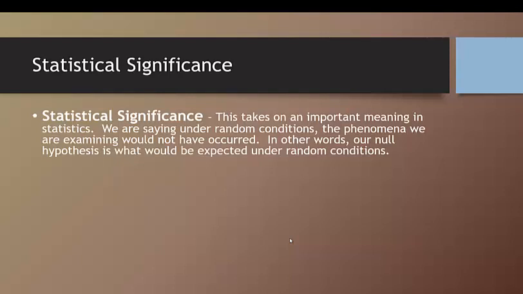Again, the statistical significance. The reason we use this is we're saying that under random conditions, the phenomena we're examining would not have occurred. In other words, our null hypothesis is what we would expect under random conditions.